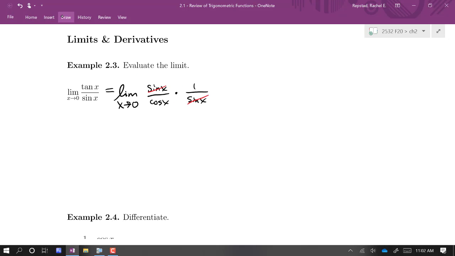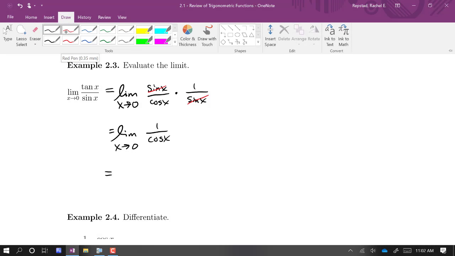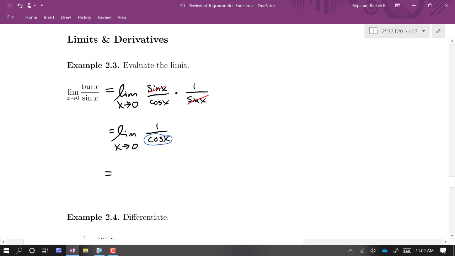The sine cancels with the sine. Now I can let x approach 0. As x approaches 0, cosine of x approaches cosine of 0, which is 1. And that means this whole limit is 1.